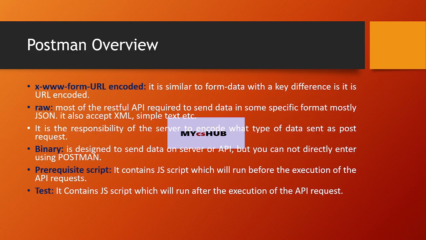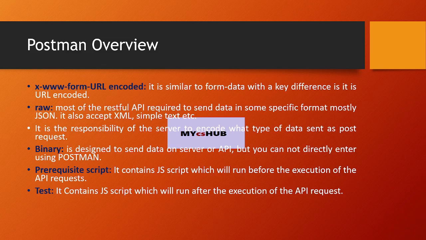Thereafter, we have raw. Most RESTful APIs require data in some specific format, mostly JSON. It also accepts XML, simple text, etc. We are going to use JSON format in the upcoming tutorials to see how to test any API request. It is the responsibility of the server to decode what type of data is sent as a POST request.